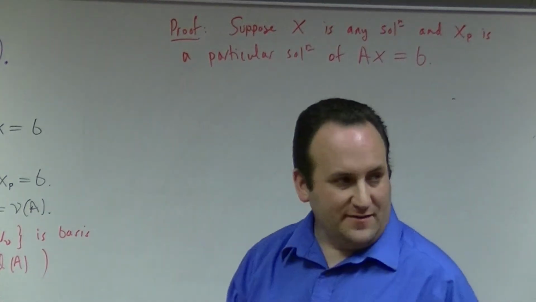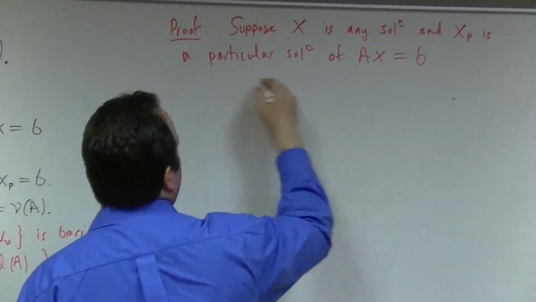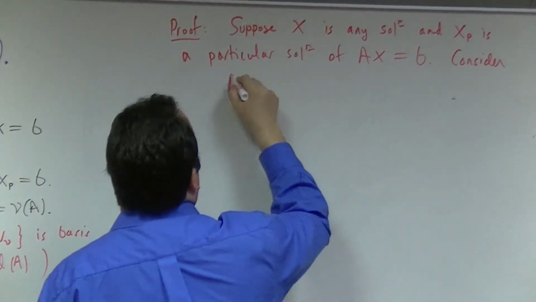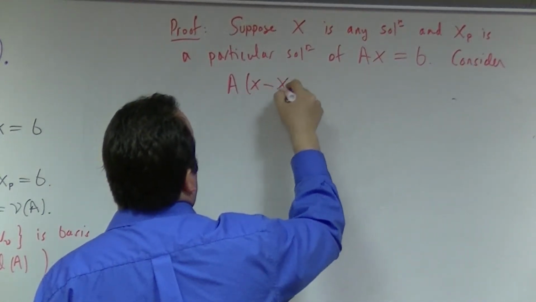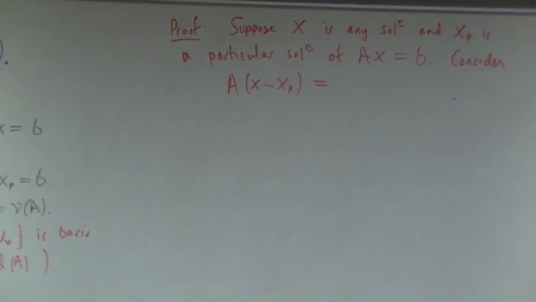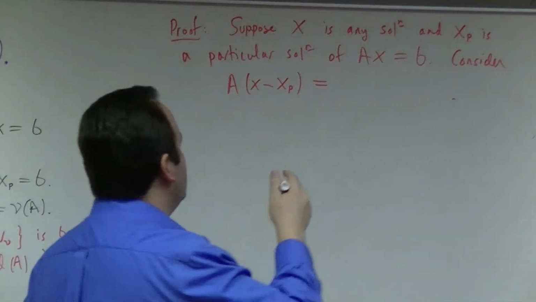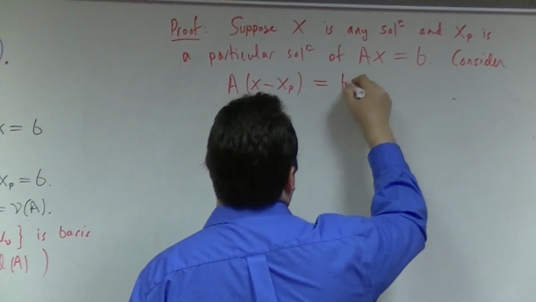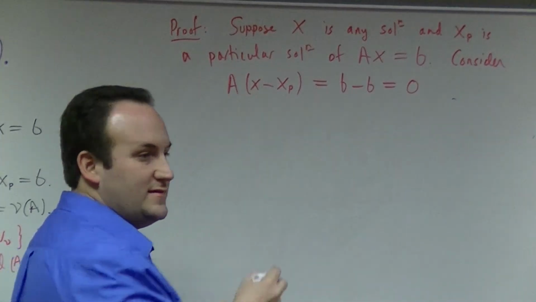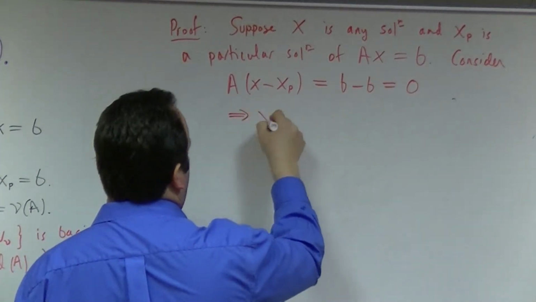So what you do then is consider A times x minus xp. What happens then? It's going to be equal to b minus b, 0. Exactly. So b minus b, which is equal to 0. And what's that say about the difference of x and xp? It's part of the null space.